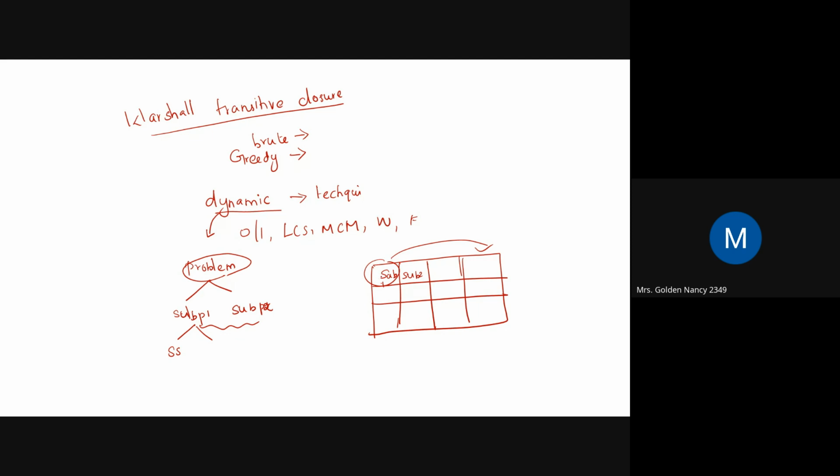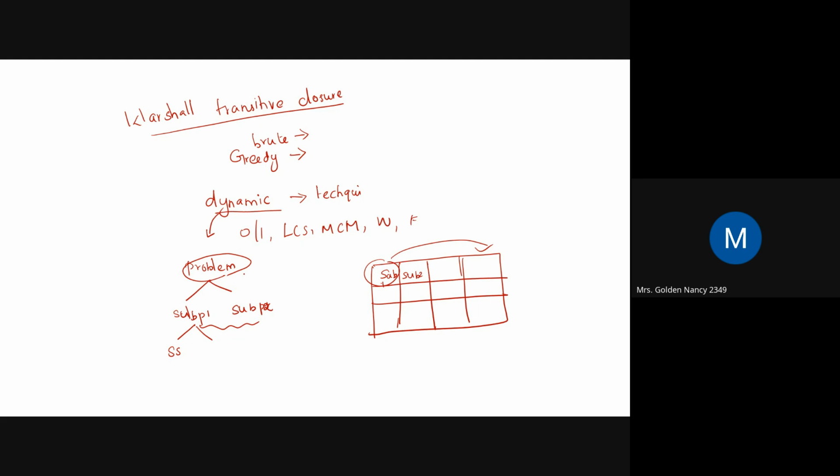To avoid this, the problem is divided into subproblems to reduce the complexity, and the solutions are stored in the table to reduce the time complexity. The subproblem solutions are added up together to find the solution of the main problem. So this is the way dynamic programming solves a problem.